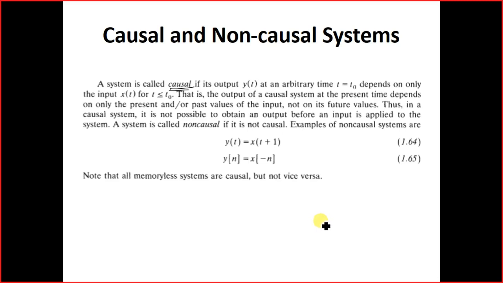If the output of a system is dependent only on the past input, then it is called a causal system.